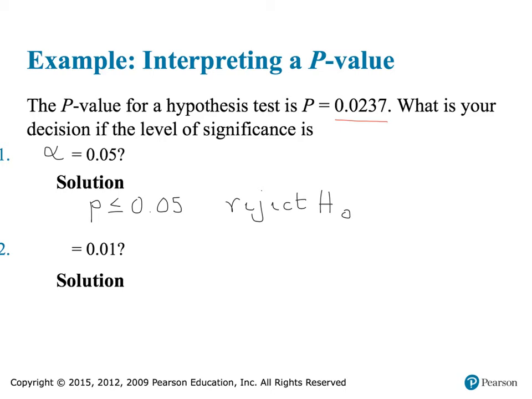We have evidence in favor of our alternative. On the other hand, if a level of significance alpha were established at 0.01, clearly our p-value is greater than 0.01, and therefore we would fail to reject our null hypothesis. So we always compare our p-value to the level of significance provided in the problem.